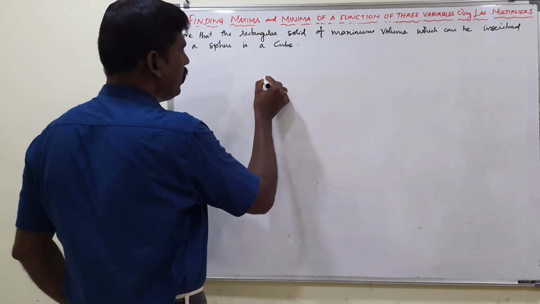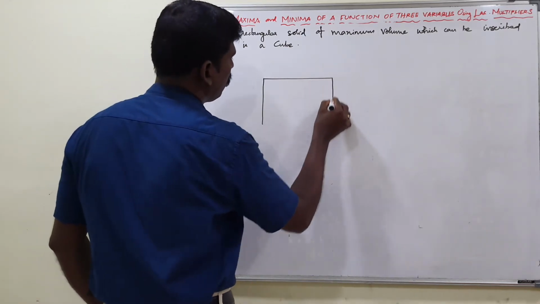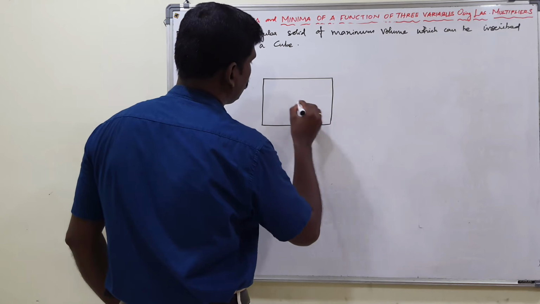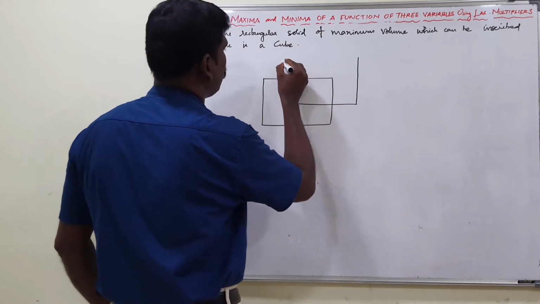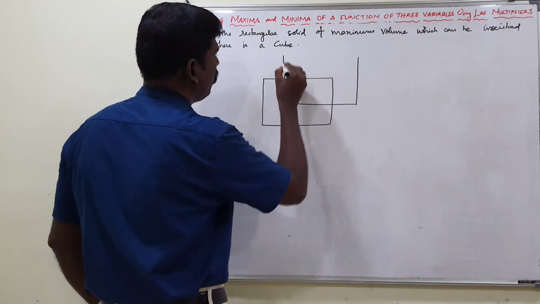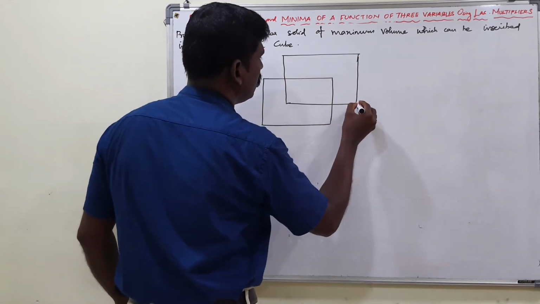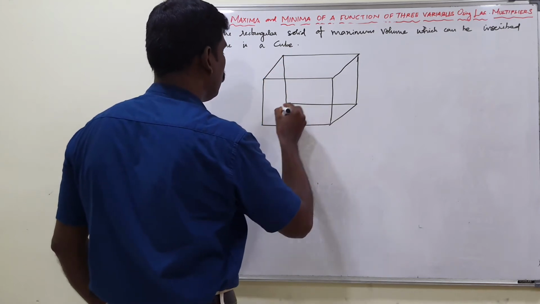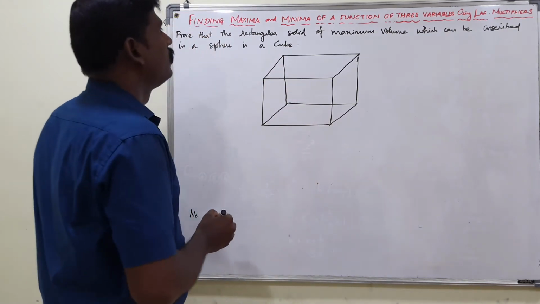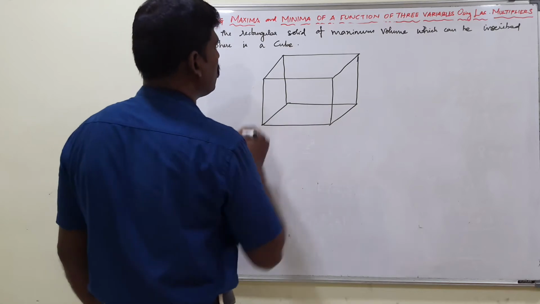What do we mean by solid? A 3D shape, isn't it? A cuboid, isn't it? A rectangular solid. Generally, we take it as a cuboid. So this has dimensions, isn't it?